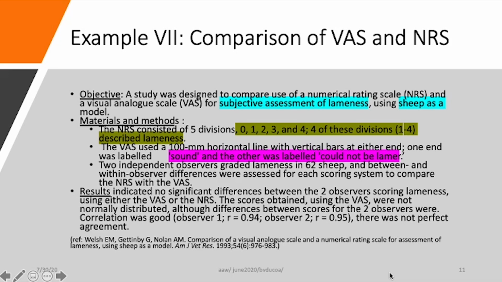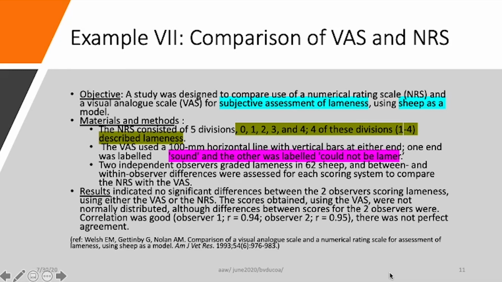The numeric rating scale consisted of 5 divisions: 0, 1, 2, 3 and 4. Divisions 1 to 4 described lameness, and 0 means no lameness. The VAS used a 100 mm horizontal line with vertical bars at each end. One end was labeled sound and the other end was labeled could not be more lame. 2 independent observers graded lameness in 62 sheep.